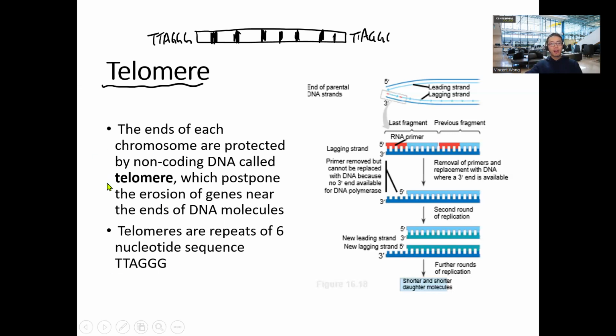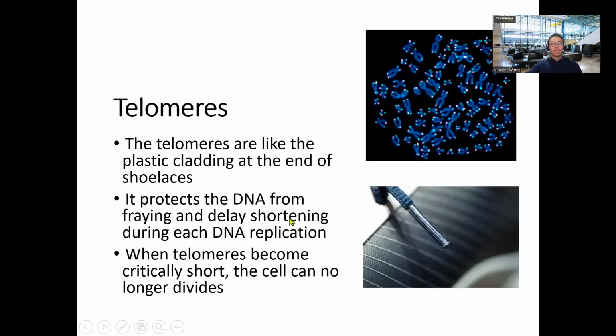So the purpose of having these telomeres on both ends of your chromosome is to delay, to postpone the erosion of genes that are located at the ends of the DNA. Without these telomeres, you would eat into the genes very quickly, and you might end up losing important genes. So that's why we want to have the telomeres.